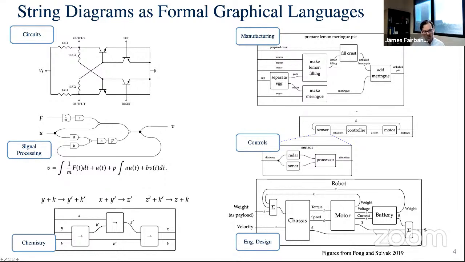So circuits, signal processing, chemistry and chemical reactions, manufacturing processes, control theory, engineering design. These figures are all taken from an applied category theory textbook that I'll be using to teach an applied category theory course here at the university in the fall.